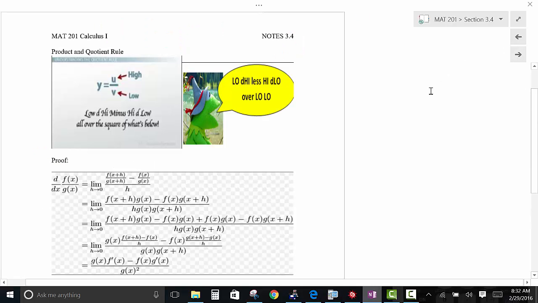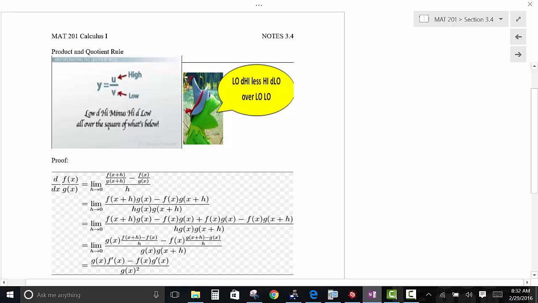And this is another way that I've seen. I don't usually teach it this way, but sometimes students remember it better this way. This confuses me more than it helps, but you could say low-d-high less high-d-low over low-low. That means you're doing the bottom, the low, times the derivative of the top, the high.